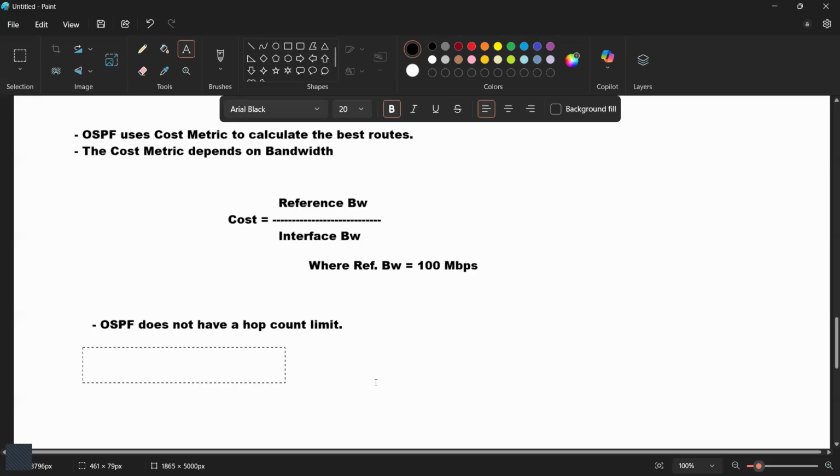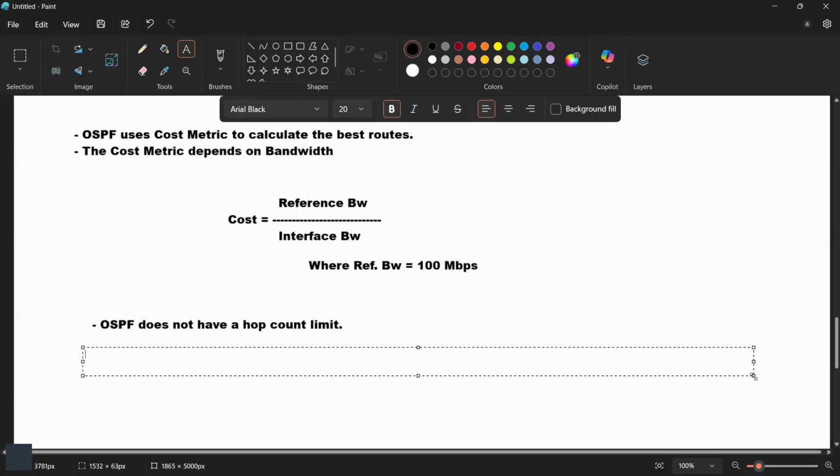Next point. OSPF will form a neighbor relationship with other routers in the same area.